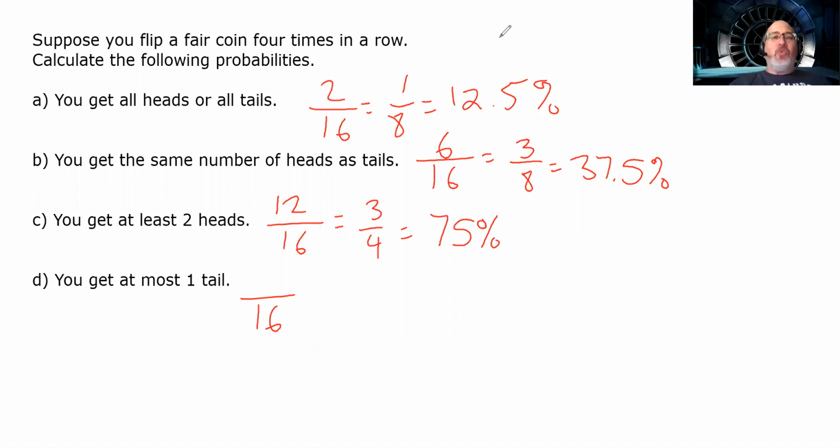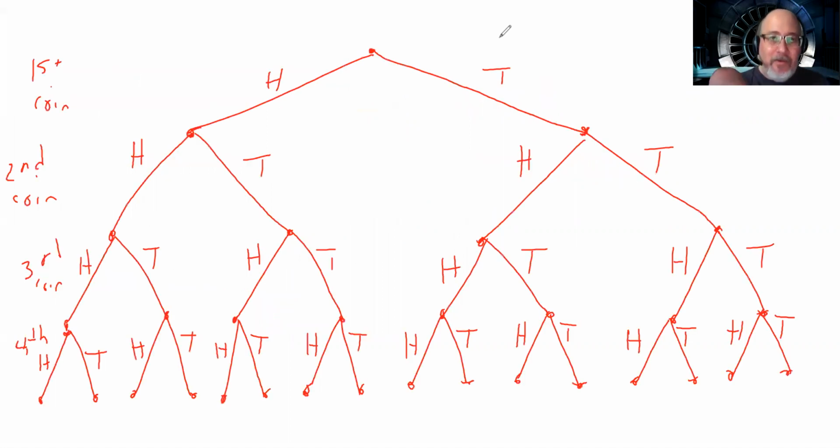A quick comment about this one. We could have also done it with complements, because what's the opposite of getting at least 2 heads? What's the opposite of getting 2, 3, or 4 heads? Well, 0 or 1 head. So we could have said, well, let me find the number of ways that we can't get at least 2 heads, that we get 1 or 0 heads.